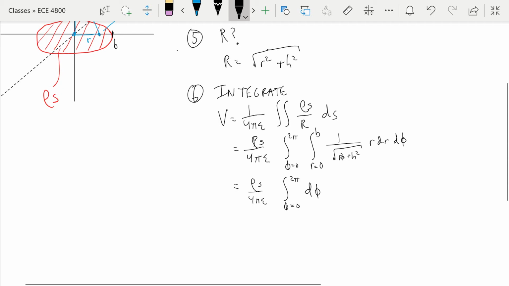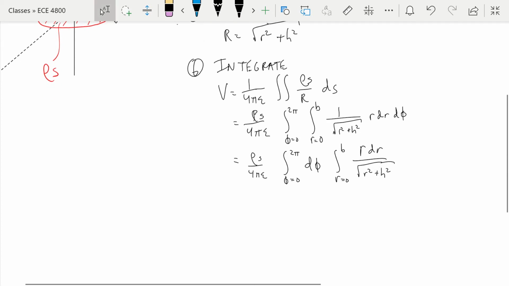And r equals 0 to b, r dr over the square root of r squared plus h squared. Okay, rho s over 4 pi epsilon. This part here becomes 2 pi. The integral of d phi is phi, and you evaluate that from 0 to 2 pi, and that's how you get your 2 pi here.